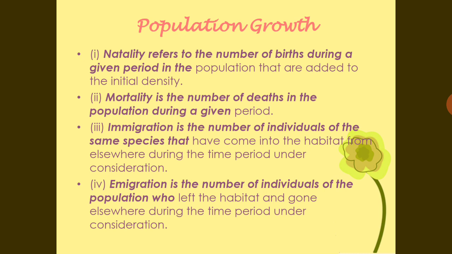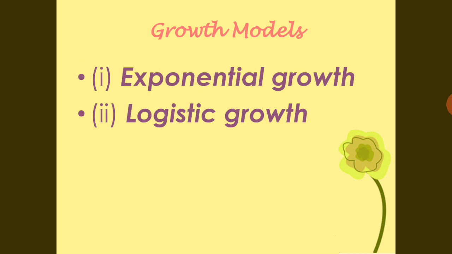Here B, capital B, denotes the number of births, D the number of deaths, I the number of immigrants, and E the number of emigrants. Based on all these four things we can describe the growth model. It represents the specific pattern of population growth.